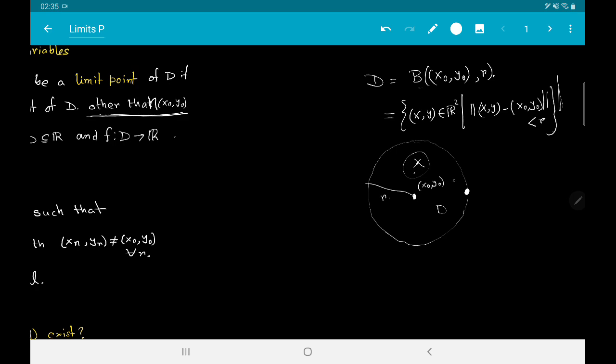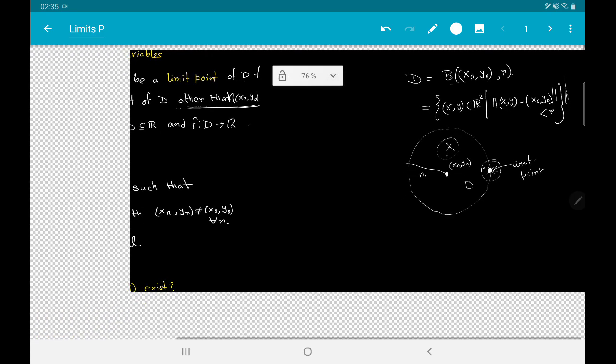You can see that if you take any neighborhood in R2, there must exist a point which is not equal to the point (x0, y0) which I have started with, but this point is common to both D and the neighborhood that you have taken. So this point is a limit point, and of course any point in the circle that I have taken is also a limit point.